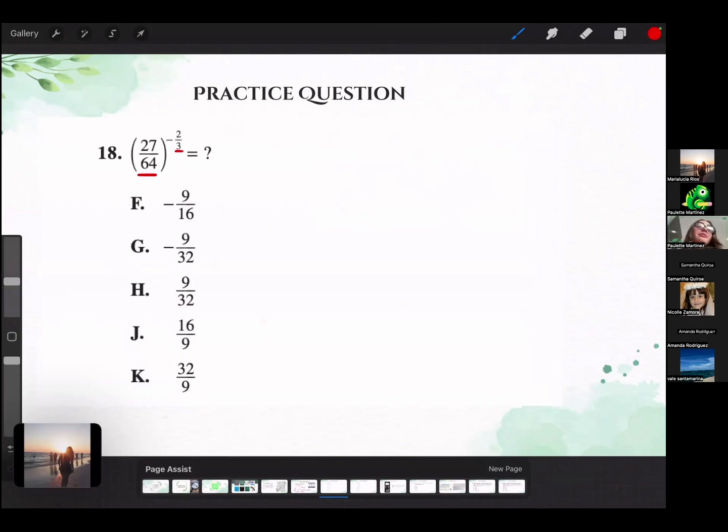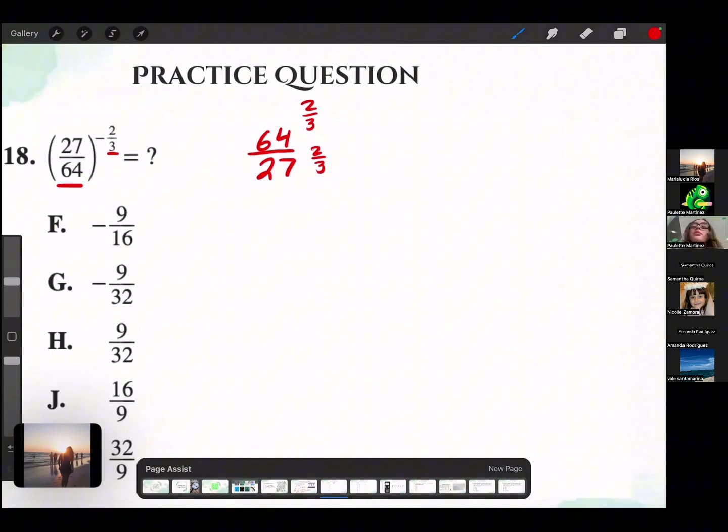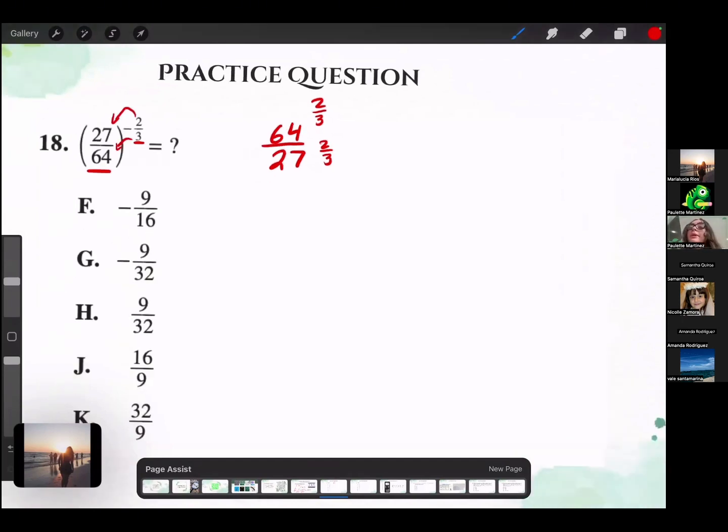Reciprocal is just it flipped. So it's 64 over 27, okay? And then the 2/3 stays positive now. Basically, once you flip it, the exponents become positive. And now you might be wondering, why in the world does it have 2/3? When you have it like this, you just distribute the exponents to each number, okay?